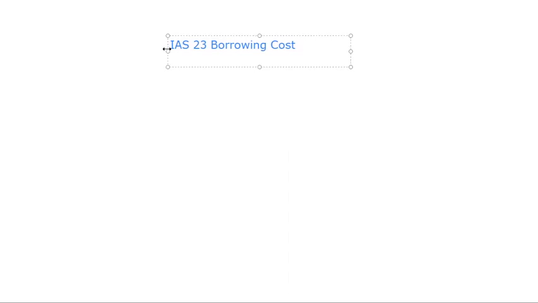Now, in your childhood, when you were studying, you recorded something as interest expense, right? You used to record in the statement of profit and loss that as interest expense. No more. At this level, it is not an interest expense anymore.